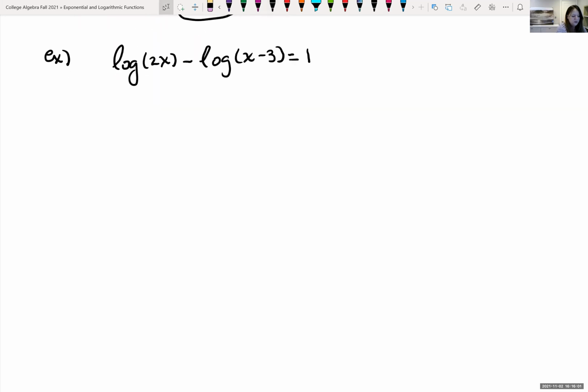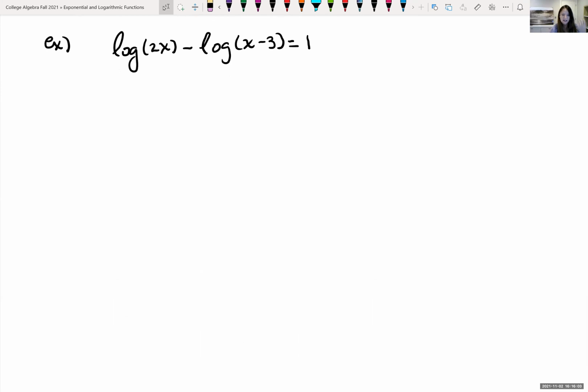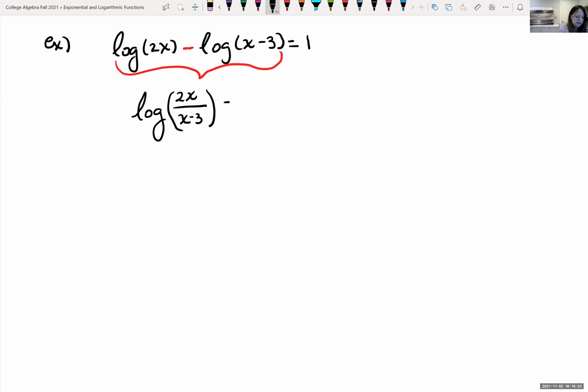So here's a case where we can't just get a log equal a log because that 1 is in there. And so here's a case where we are going to rewrite this as a single logarithm. We have minus in between. And so we have log of our numerator, which is 2x, all over our denominator, which is x minus 3. This is equal to 1.